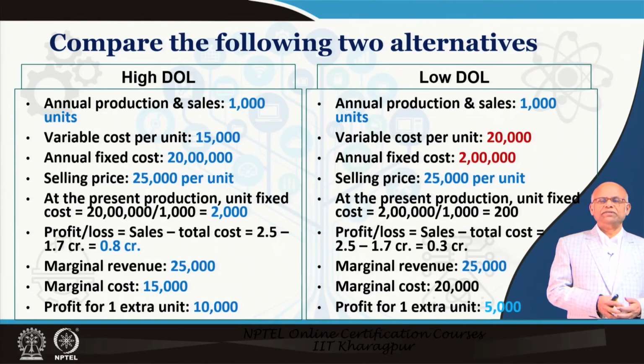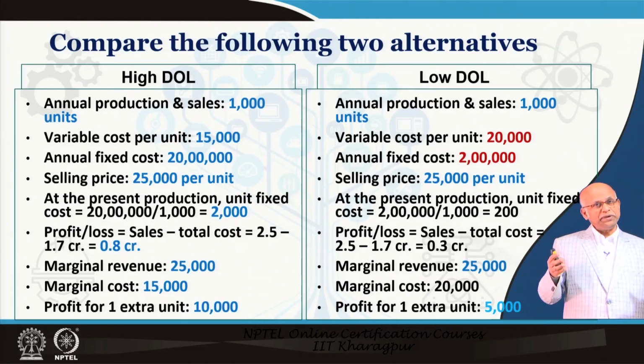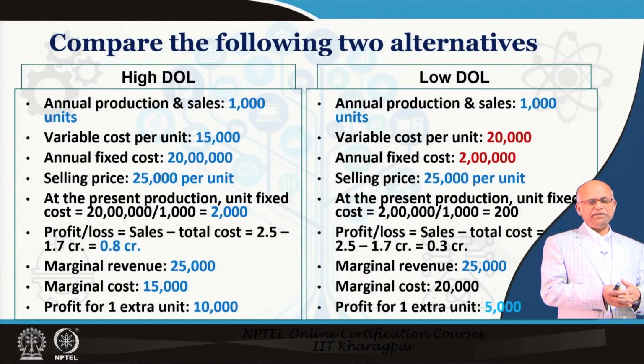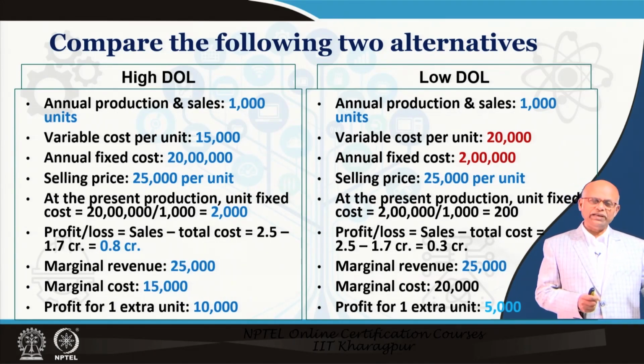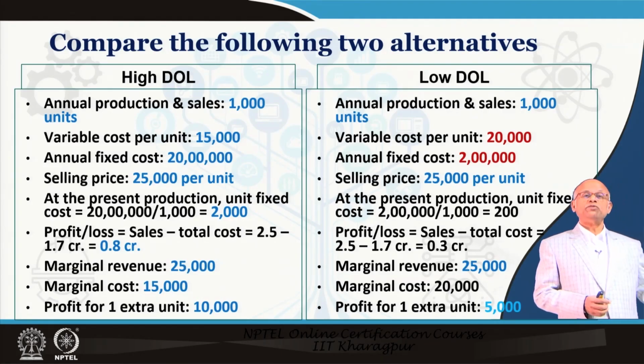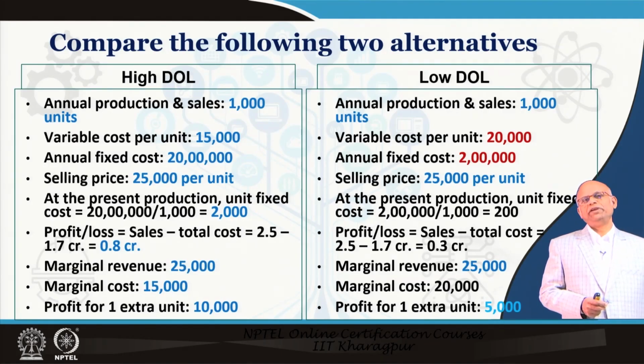Here is an example. Compare two scenarios, the same company, the same product, same everything, only comparing between two options. One is they go for an automatic machine. So, variable cost will be low, whereas initial investment will be high, so fixed cost will be high. On the other side, variable cost is high, whereas fixed cost is low because they have a labor intensive unit.